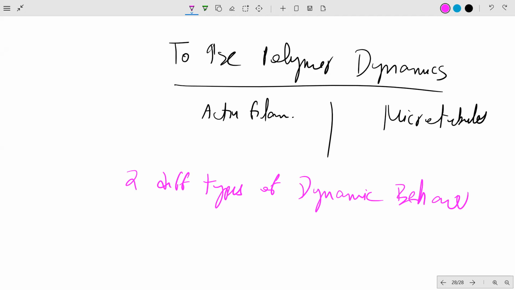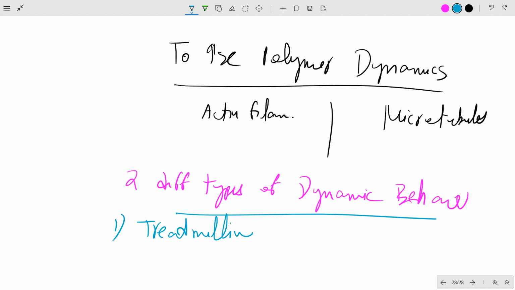Very, very important. यहां से क्वेश्चन आएगा, आता है क्वेश्चन यहां से, जो आप नहीं करोगे एग्जाम में, मुझे पता है. The first is called treadmilling. And the second is called dynamic instability. So two different kinds of dynamic behavior.